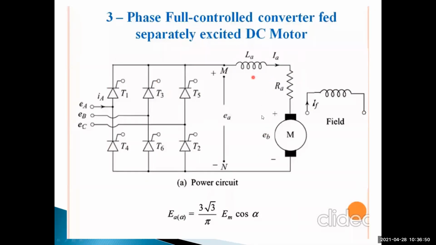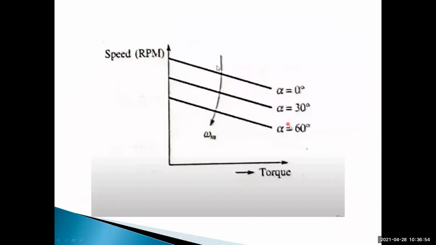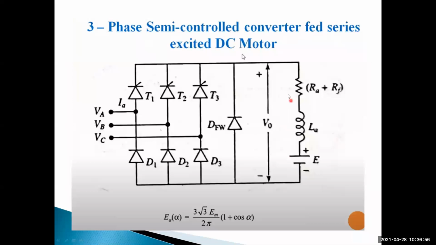Instead of a separately excited motor, we have a DC series motor, so the three-phase semi-controlled converter is fed to a DC series motor. This is the output voltage. You know it well, same as the semi converter, separately excited and series motor.